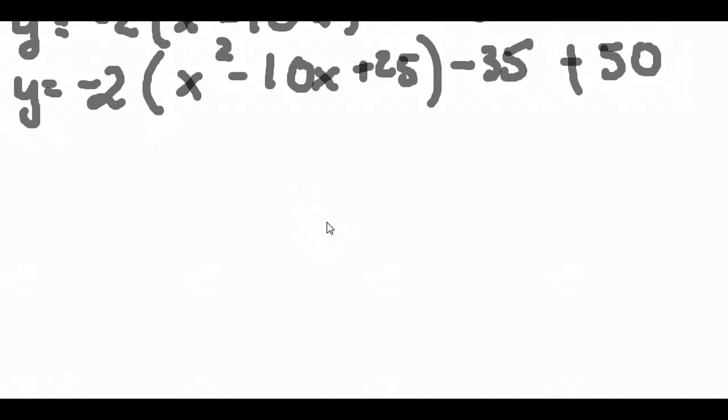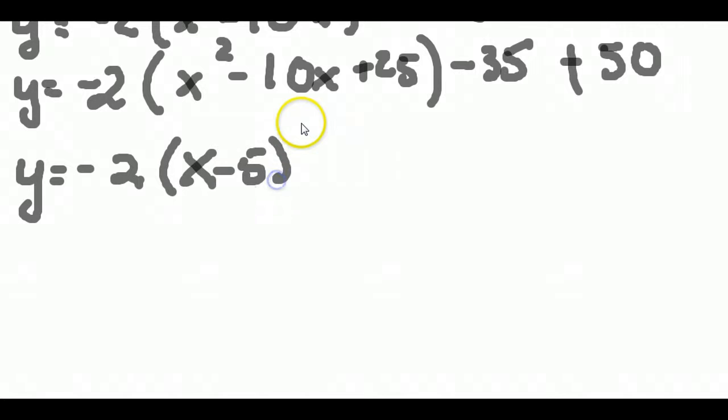So then let's go through and put these all in the vertex form. So you'd get y equals negative 2 open. What is the factorization of x squared minus 10x plus 25? We have a negative middle term, and then you take the square root of your c term. X minus 5, yep, x minus 5, closed squared.